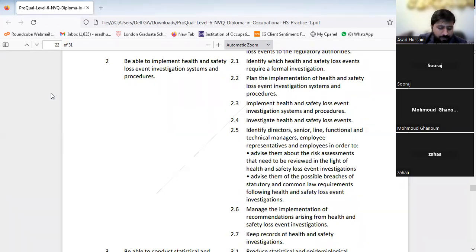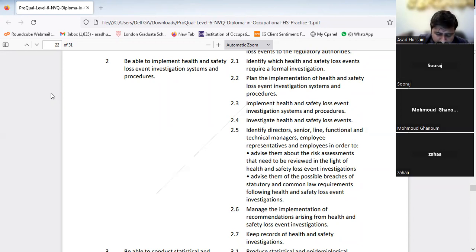Okay, thank you. Now 2.6, it is asking about managing the implementation of recommendations arising from health and safety loss event investigation.